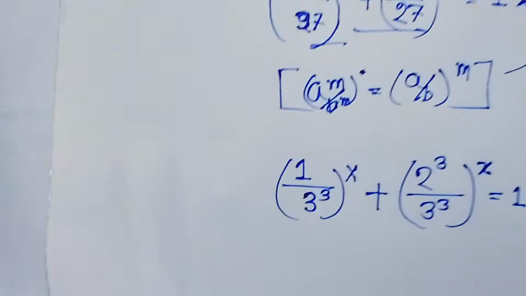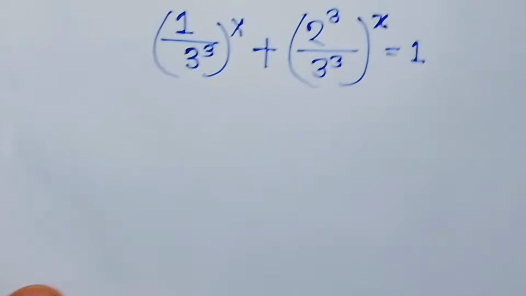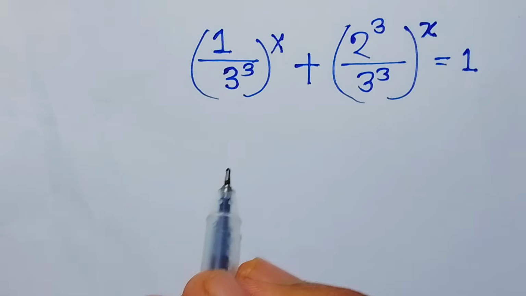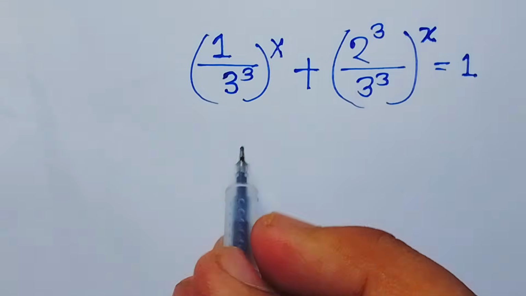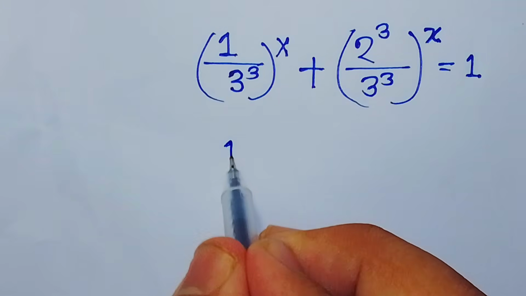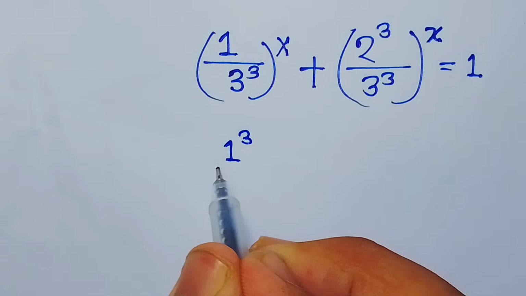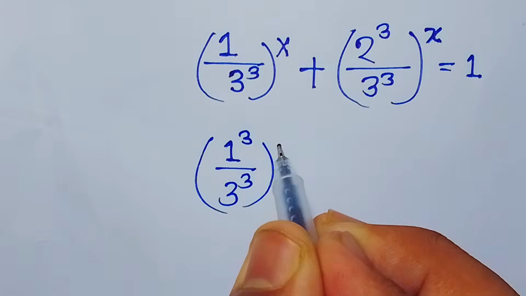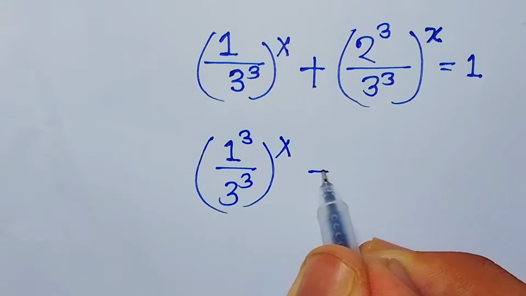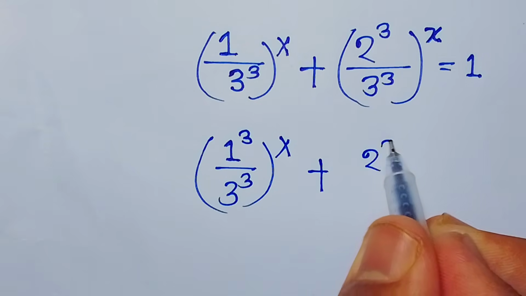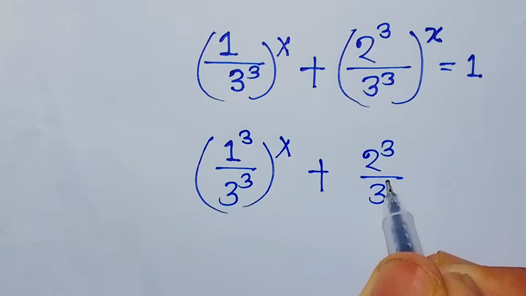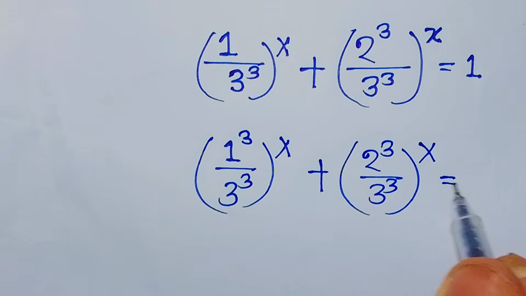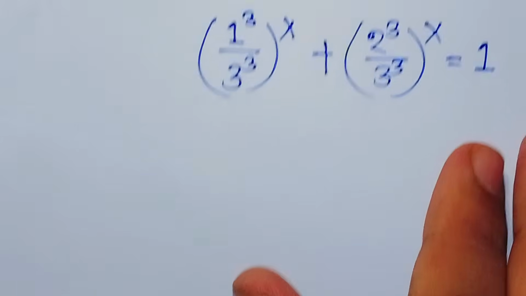After this, here we are just applying another exponential algebraic term, which is we can write 1 as 1 to the power cube divided by 3 to the power cube, the power of x, plus 2 to the power cube divided by 3 to the power cube, the power of x, is equal to 1.